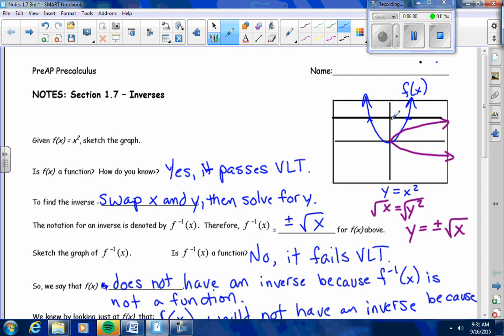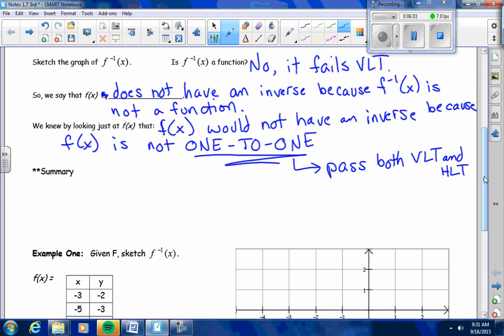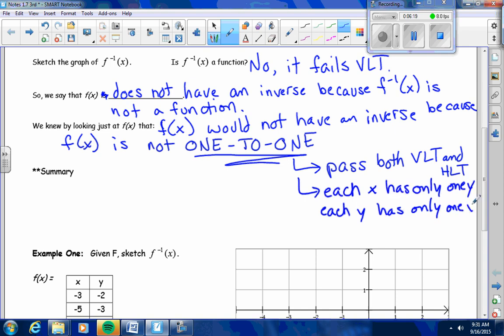Okay, so each x has only one y, and each y has only one x. So none of the domain and range values ever repeat. One-to-one: each x has only one y, each y has only one x. It has to pass both the vertical and the horizontal line tests.